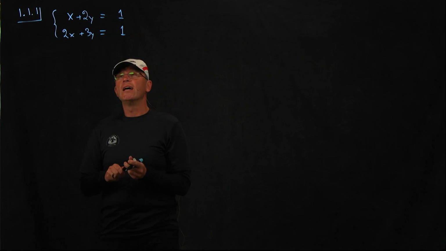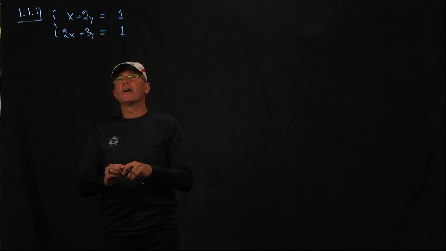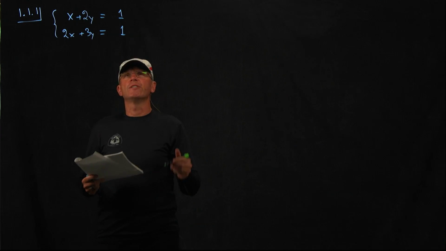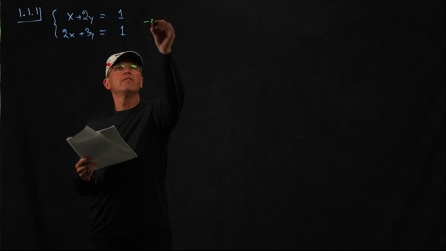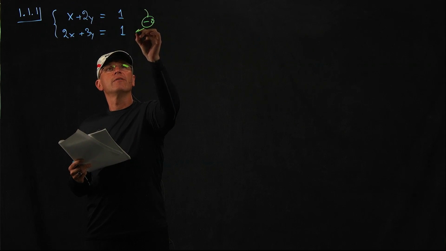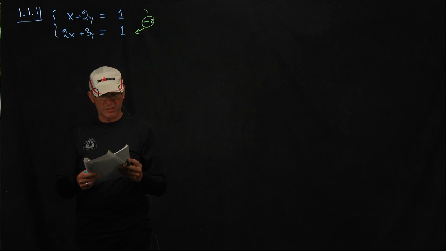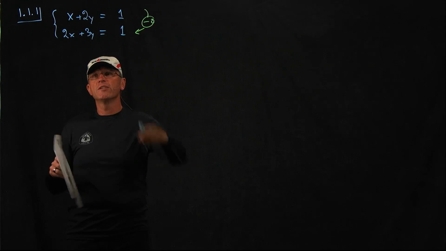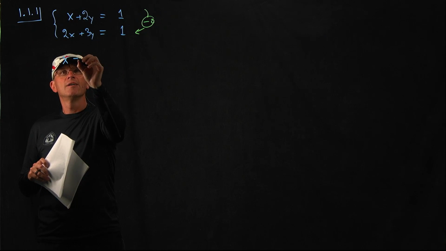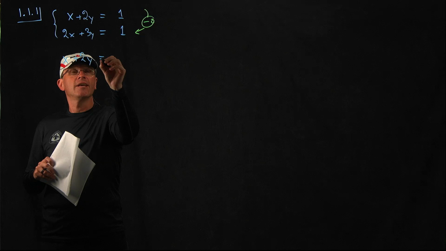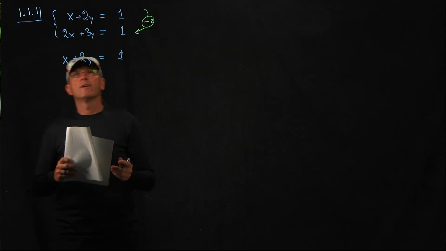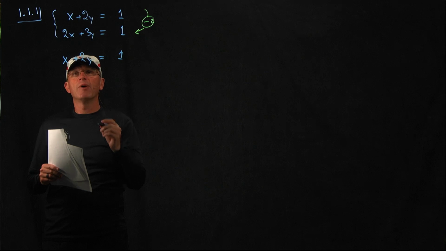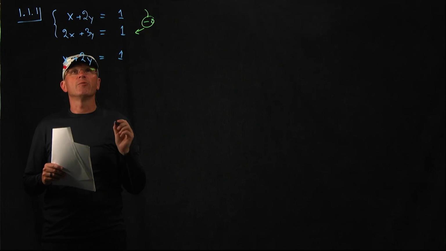Well, we will subtract the first equation from the second equation with a factor of 2. So negative 2 times the first subtracted from the second. The first equation stays the same. And then we have 2x minus 2x, so the x's go away.